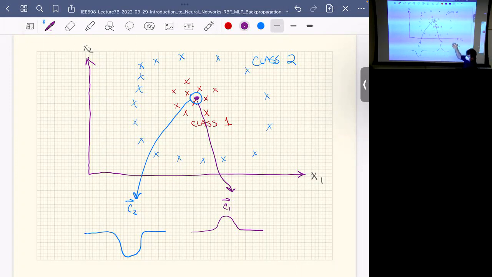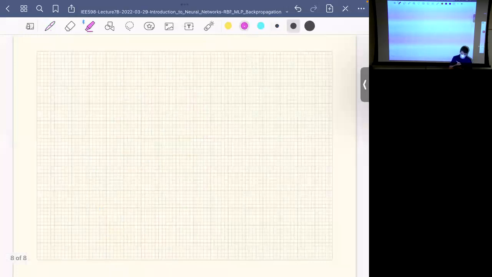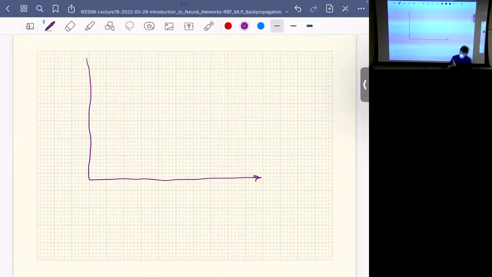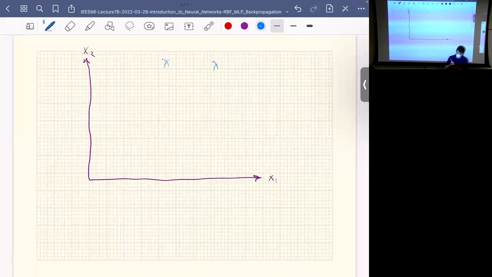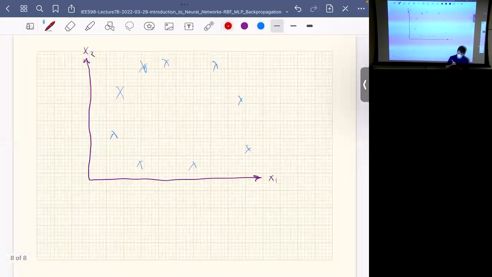Another way to view that, if I want to do the same thing, so that's one perspective. I'm going to just redraw the exact same thing, but just to keep it a little cleaner, I'll put it on another page. So again, X1, X2, I've got my blue points around the outside. I've got my red points in the middle.